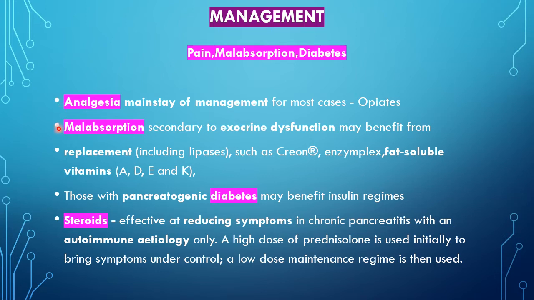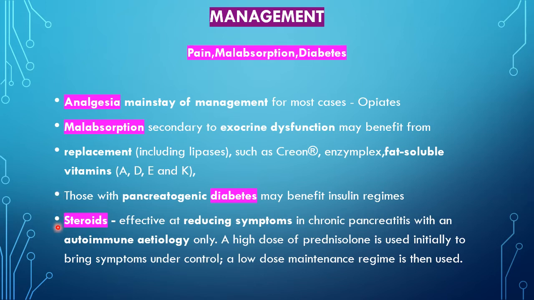Malabsorption is secondary to the exocrine dysfunction and may benefit from replacement therapy, including lipases such as Creon, enzyme supplements, and also the replacement of fat-soluble vitamins A, D, E, K. Those with pancreatogenic diabetes may benefit from the use of insulin regimes instead of oral regimes.